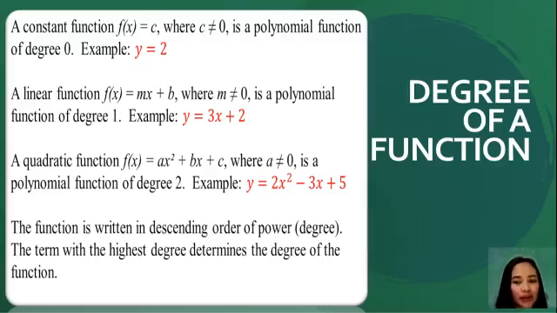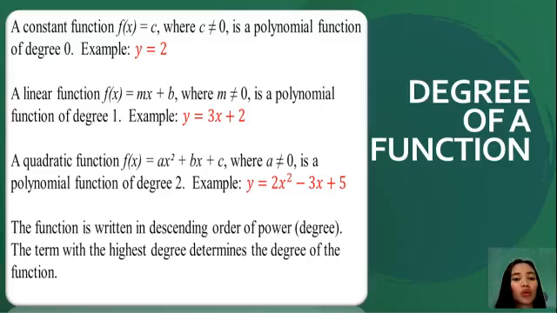In here, the leading term is 2x squared, and the variable that we have is x squared. So why do we have the leading term as 2x squared? Because if we're going to compare 2x squared and negative 3x, the term with the highest exponent is 2x squared.